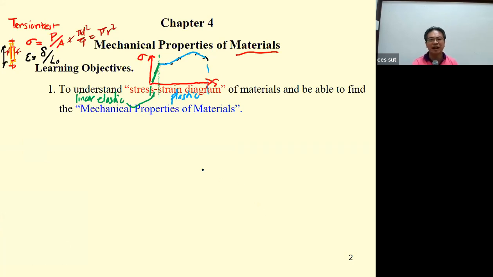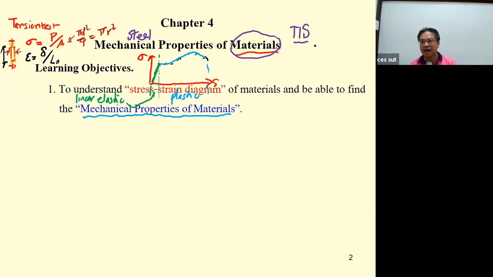After you get the stress-strain diagram, the learning objective requires you to find the properties of the material. Why do we need to find the properties of a material? Because when you select the material in construction, you have to specify the properties of the material, such as for steel. Steel also follows the Thailand Industrial Standard, which requires you to determine 4 important properties.